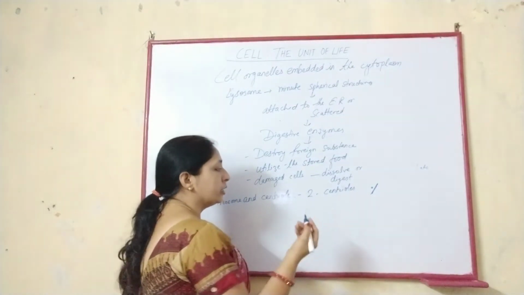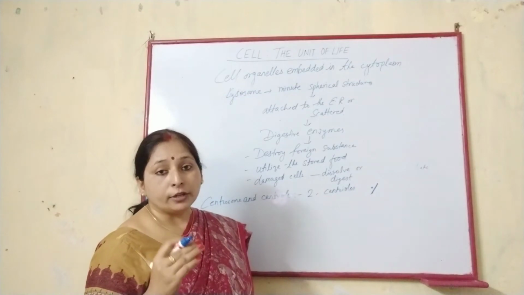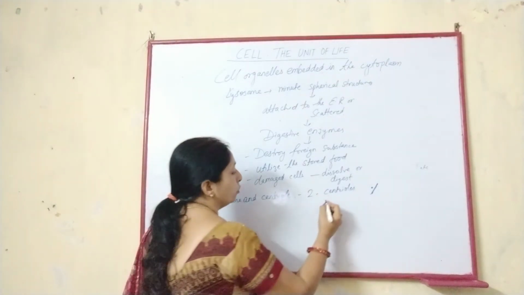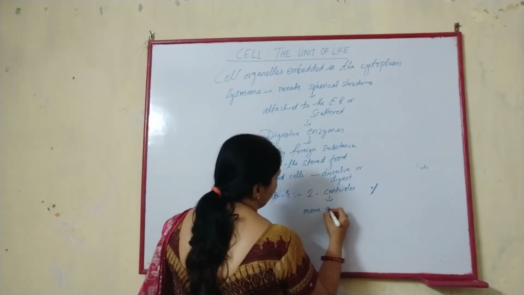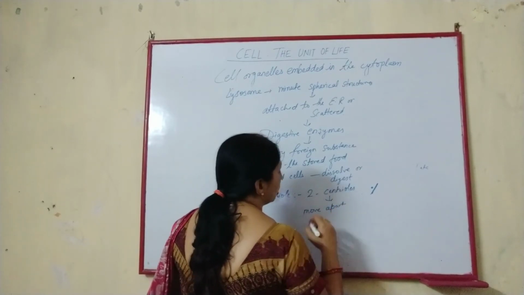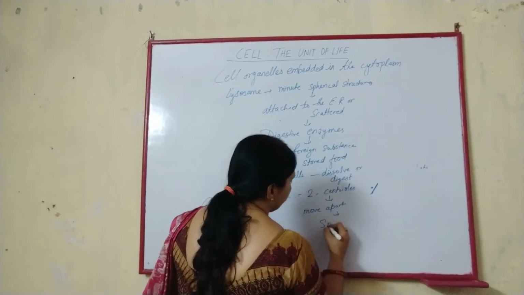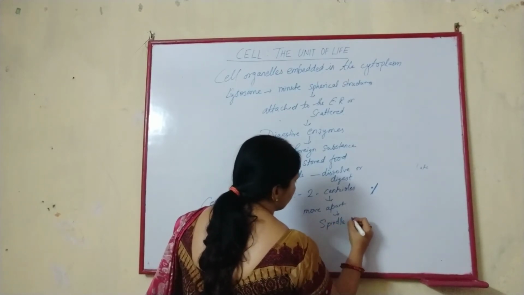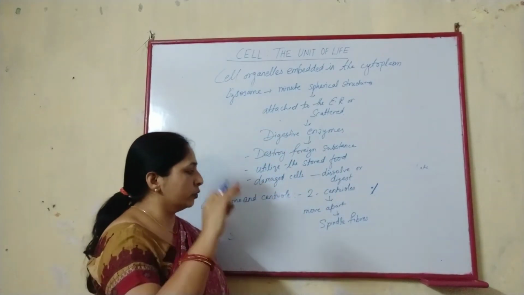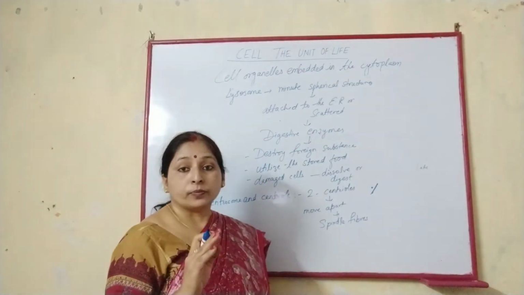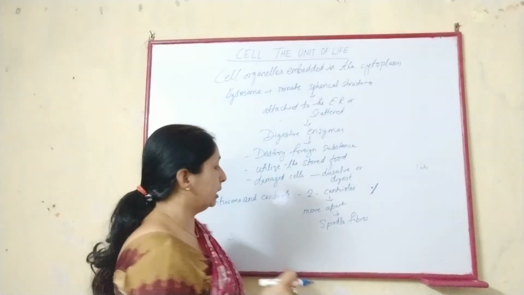The function of the centriole is, during mitotic or meiotic division, the two centrioles present in the centrosome move apart and release spindle fibers at the time of cell division.